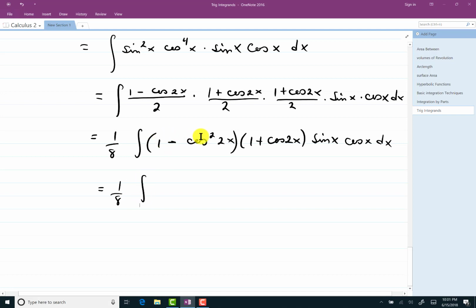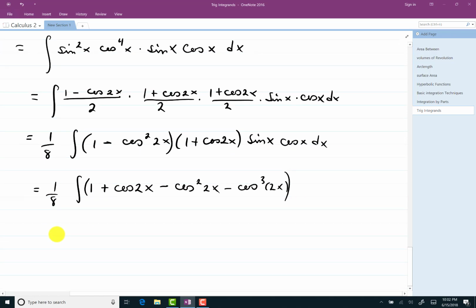So I'll get 1, that's 1 times 1. Then I'll get plus cosine of 2x. And then I'll get minus cosine squared of 2x. And then finally I'll get minus cosine cubed of 2x. And all of this is times sine of x cosine of x dx.